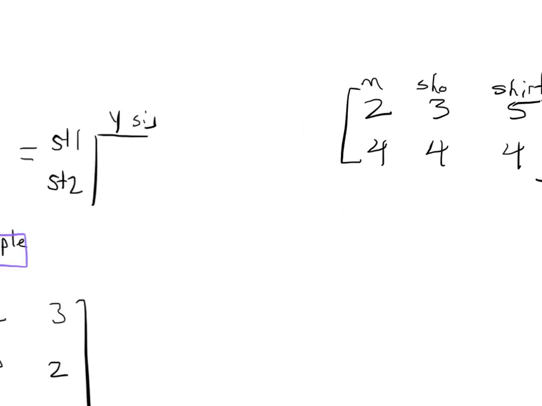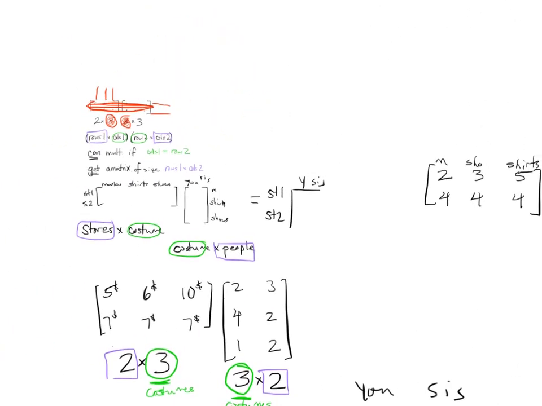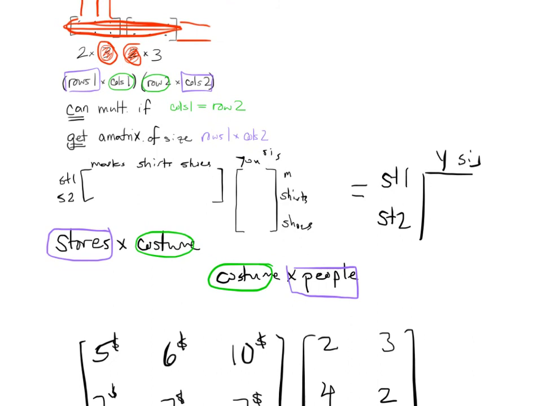All right. Back to, I'm just going to do an overview. So remember, we need to have these two match up, and then the results correspond to rows and columns. Just like in our example, we had costumes that matched up, and then the rows of the first matrix become the rows of the result, and the columns of the second matrix become the columns of the result.